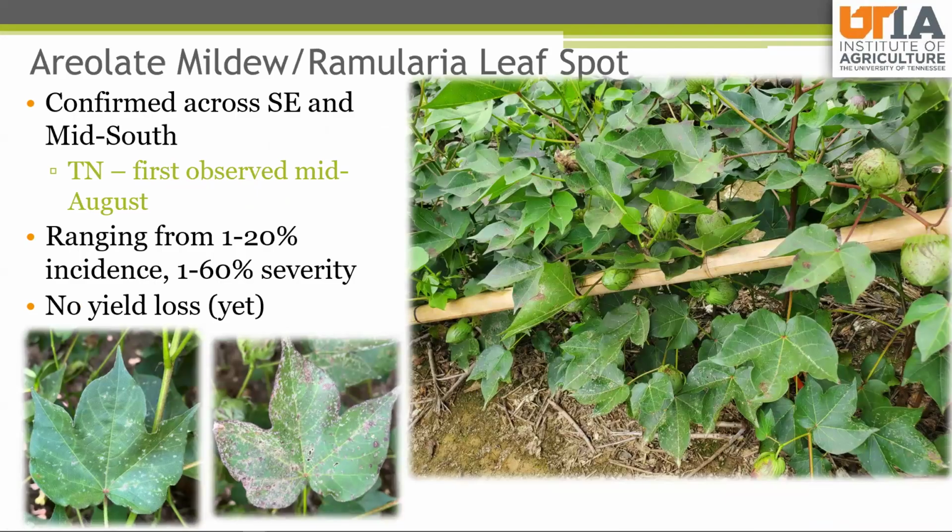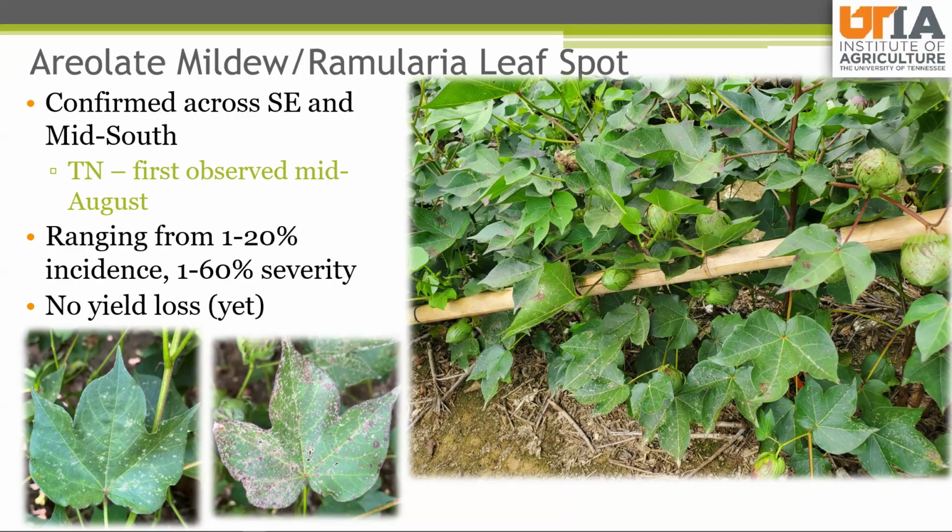Areolet mildew, also called Ramularia leaf spot, has been confirmed across the Southeast and the Mid-South. In Tennessee, it was only first observed ever in 2022. Since then, we have observed it, usually only showing up in mid-August. The amount of disease we're seeing ranges anywhere from 1 to 20% incidence. That means only 1% of the plants, up to 20% of the plants, show some level of disease.